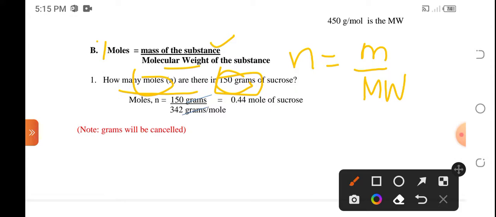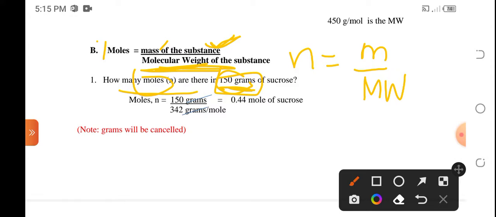For this case, we only have data about mass, that is 150 grams. Laging tatandaan, unit ng mass, grams, kilograms, okay? So, we don't have any data about the molecular weight, but a while ago, we discussed how to compute for the molecular weight of the substance using the subscript and the atomic weights coming from the periodic table.